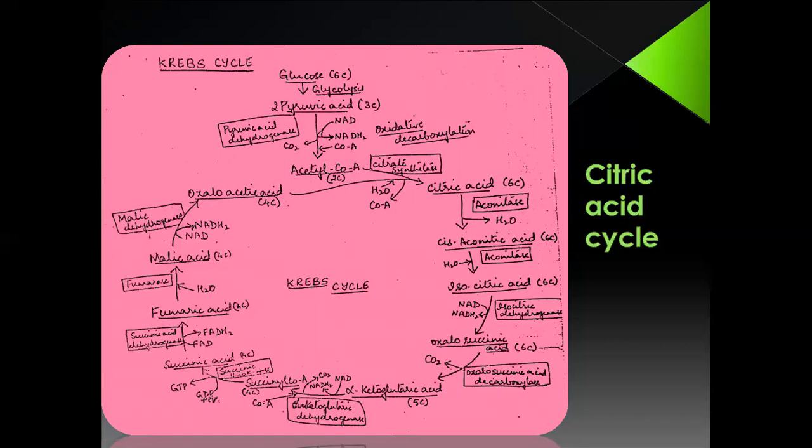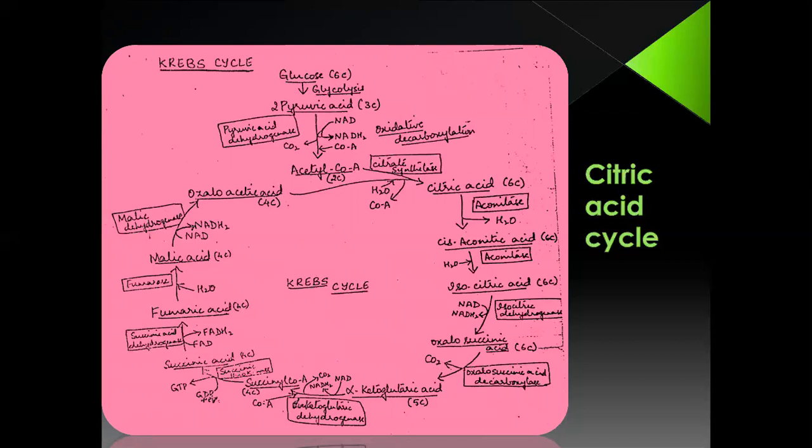Please remember this properly. GTP is equal to 2 ATP molecules, and one NADH2 molecule can give rise to 3 ATP molecules. Therefore, there are 8 NADH2 molecules liberated during the Krebs cycle, and when these undergo oxidation, they release 24 ATP molecules.